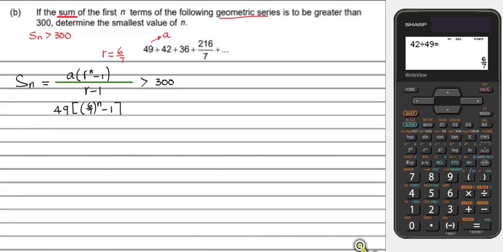Close the bracket, and then all over the r, which is 6 over 7 minus 1. Let me parenthesize that. Must be greater than 300.